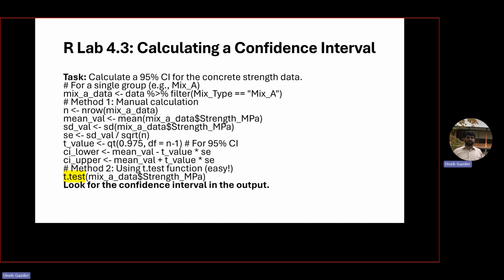If you want to save the values for method 2, you can put something there and it will save the values. You can say like CI, less than and dash, before the t-test. So before this line, you can put something to save the value. This value is not saved, right?